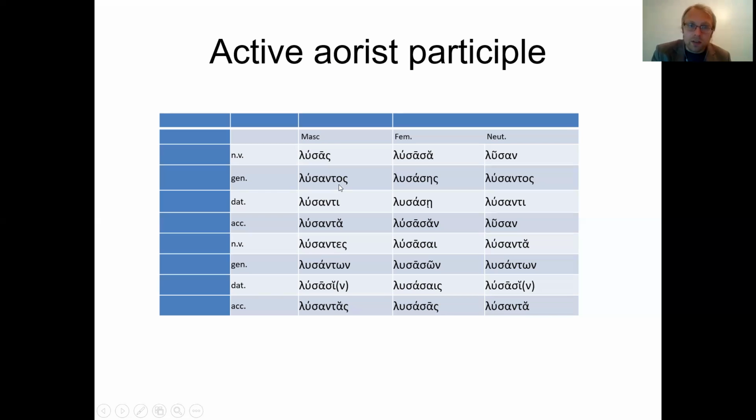So the rest of the participle actually stays the same. So this ant, for instance, recurs in almost all numbers and cases in the masculine and neuter. But this is another paradigm which is good to learn by heart if you just have the opportunity to do so.